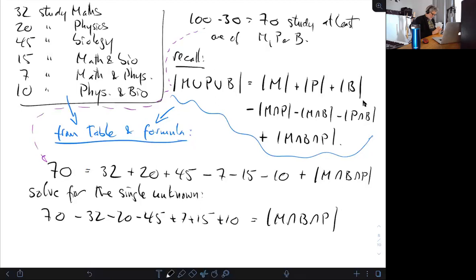I have to do it again. 70 minus 32 minus 20 minus 45 plus 7 plus 15 plus 10. I get minus 22. Isn't this great? Wonderful. I'm having a great day.